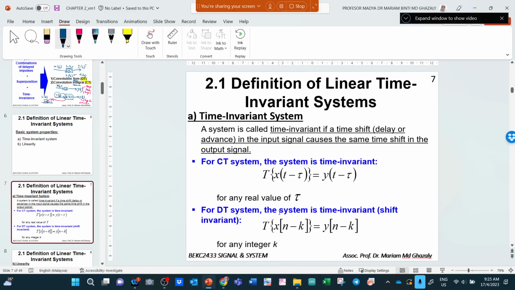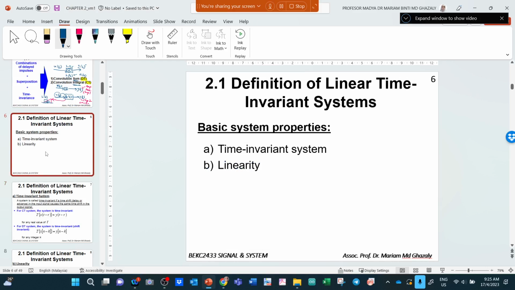Dia sama example macam tsunami. Okay, tsunami is you have a shifting in the waveform. Okay, shifting in the waveform. So output confirm ada shifting lah, which is the combination of multiple waveform. Okay, kalau if we talk about tsunami, tsunami is not only one block diagram macam ni. H1t, yeah, xt, this is yt.